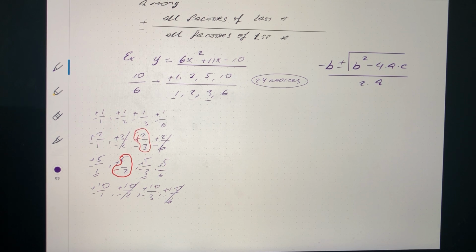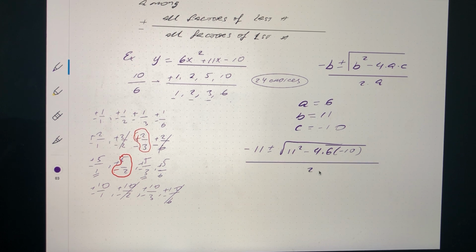So what are my coefficients? a is 6, b is 11, c is -10. Substituting all of them in: negative 11 plus or minus the square root of 11 squared minus 4 times 6 times -10, all divided by 2 times 6.